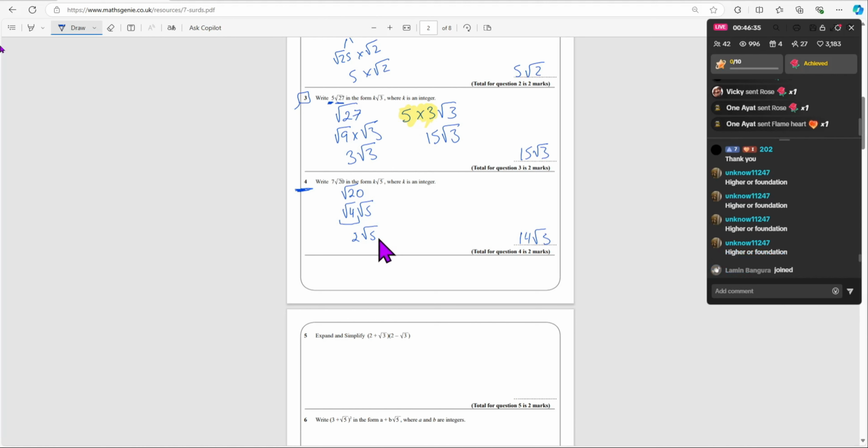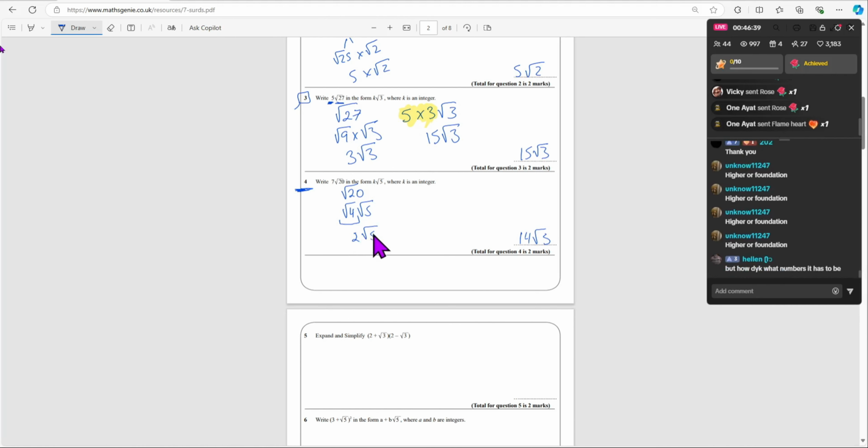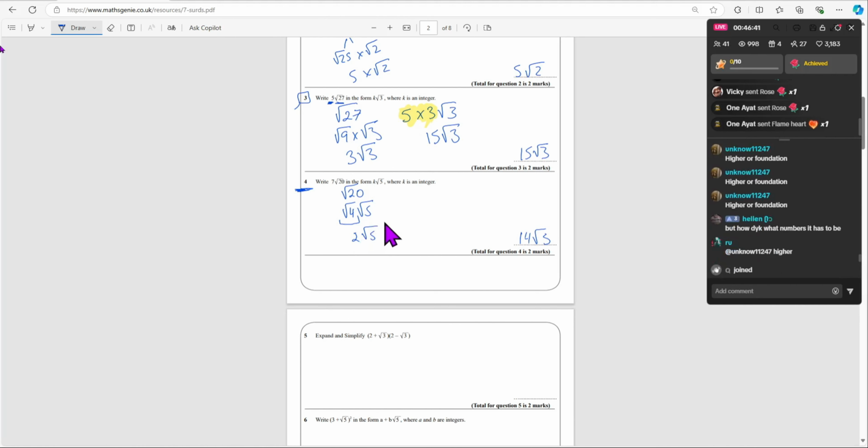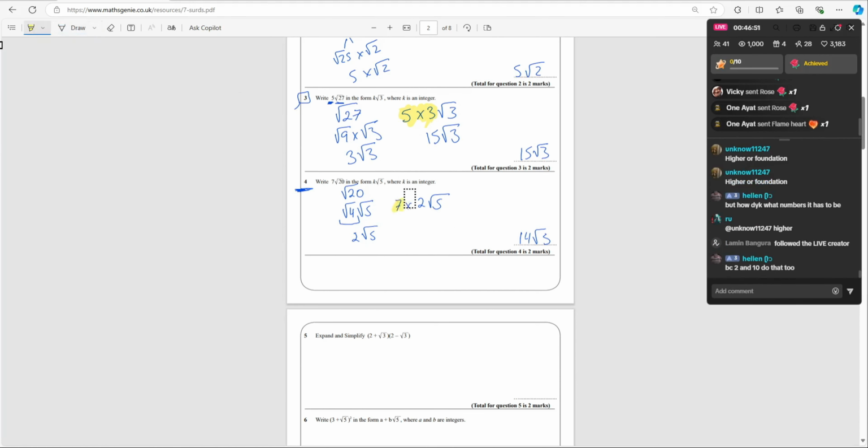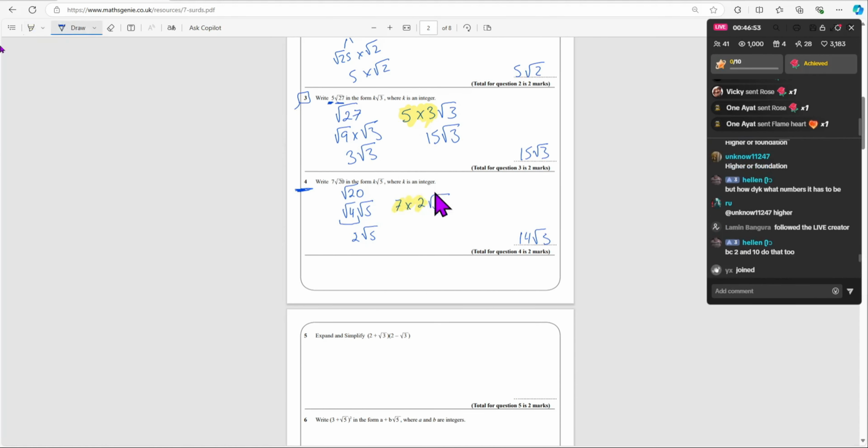We're not going to forget about the 7 on the outside. It's going to be 7 times 2 root 5. So we're going to multiply these two numbers on the outside. It's going to be 14 root 5, and that will be your answer.